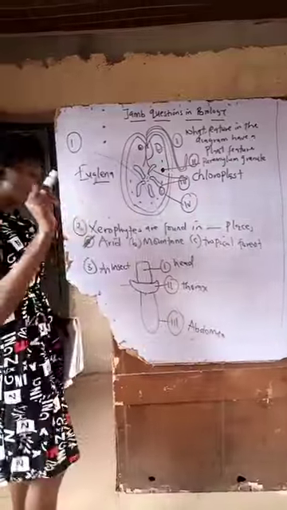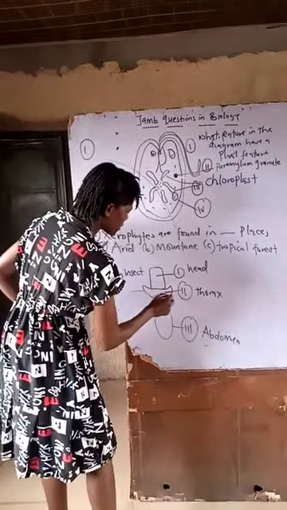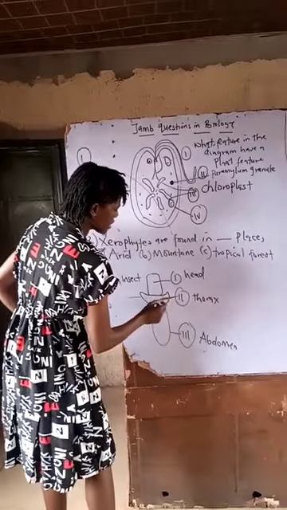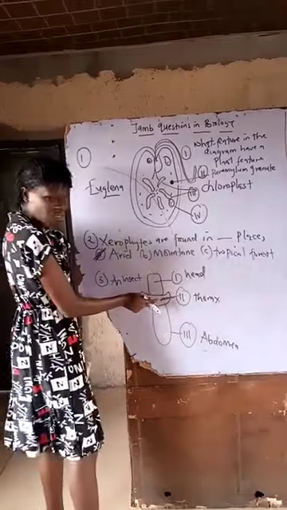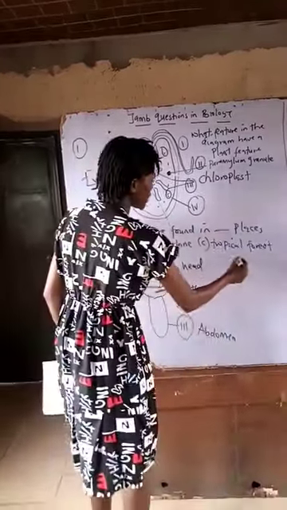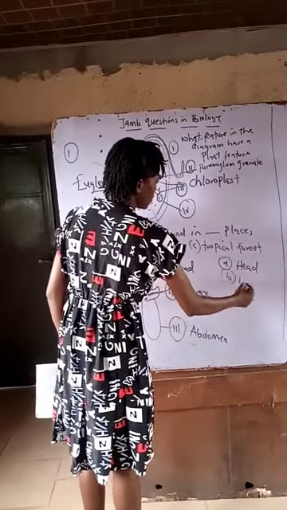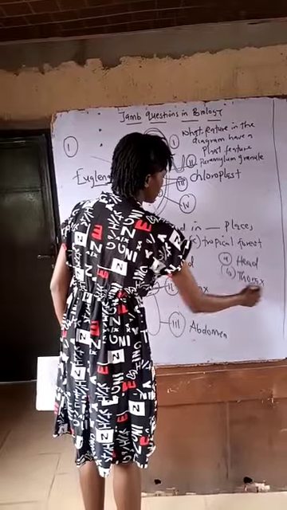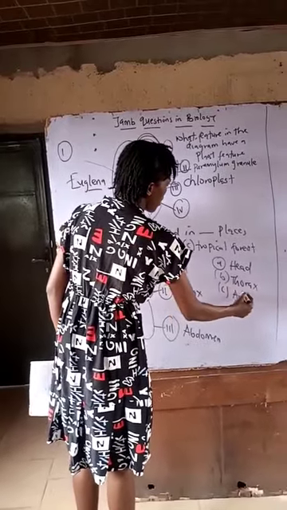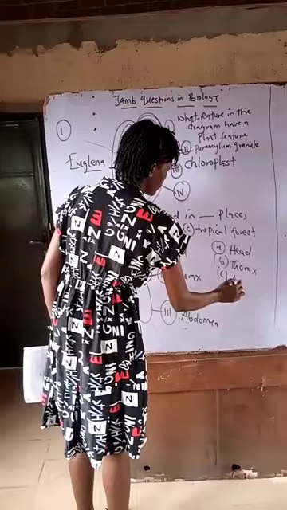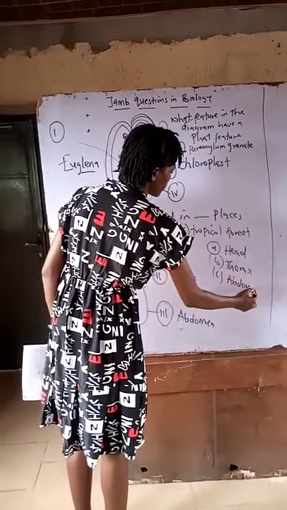So the question asked was, this part is dash. Looking at this, it is called the thorax. After the head, you get the thorax. So they wrote option A, head, B, thorax, C, abdomen.